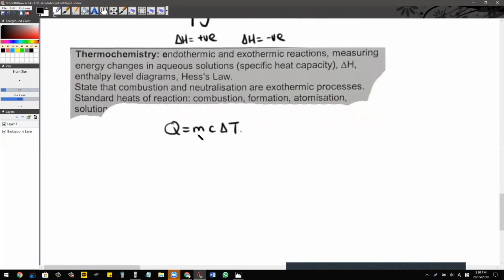Yes. There's no problem with this stuff here? No. The problems start when it's Q equals negative something over n. Oh, so delta H equals negative Q over n. So we'll talk about this one first. It's very simple stuff.